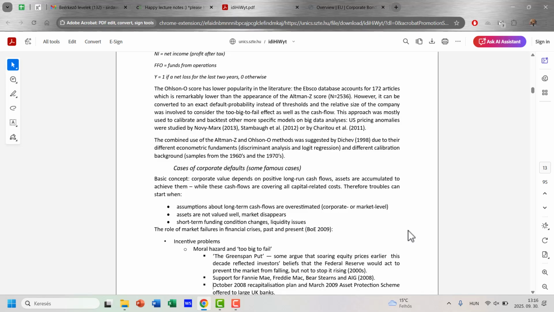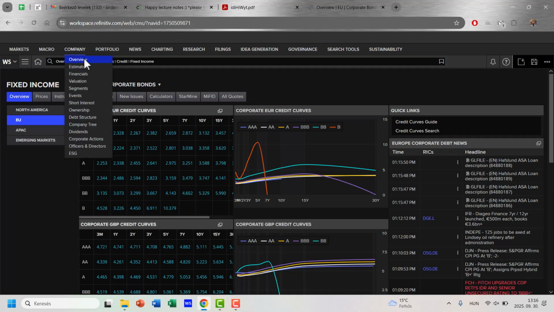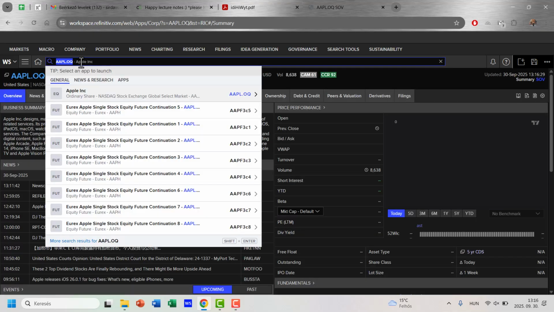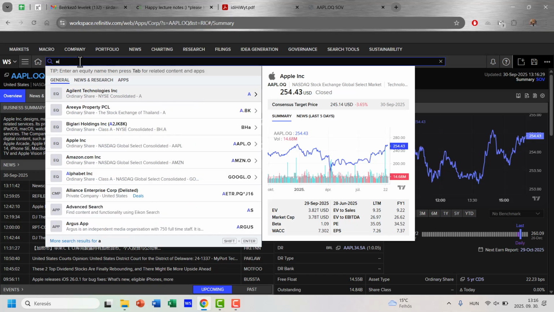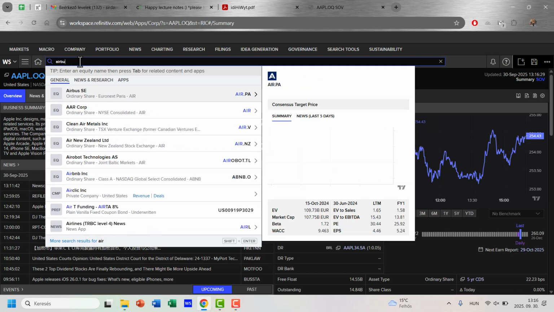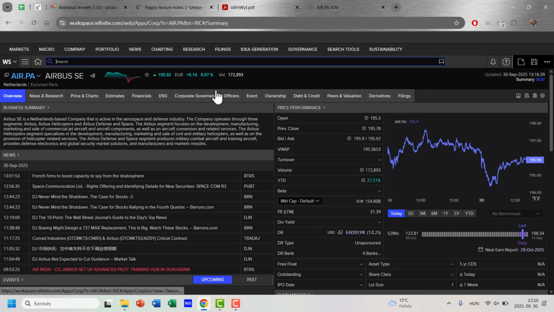But if we are checking the database, and let's go to company, and maybe we should look for a, oh come on, not Apple, anything but Apple. So let's see Airbus. So this is private or publicly listed company.